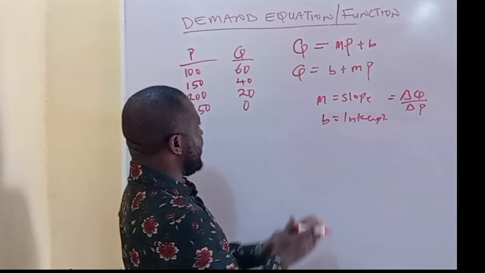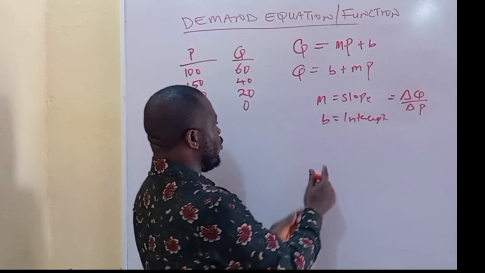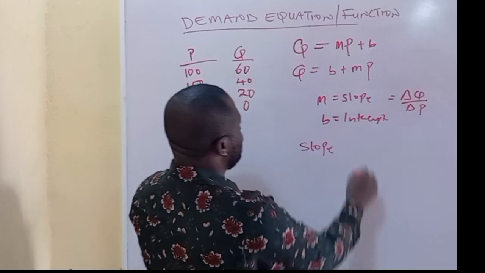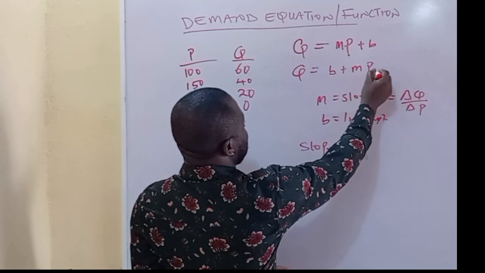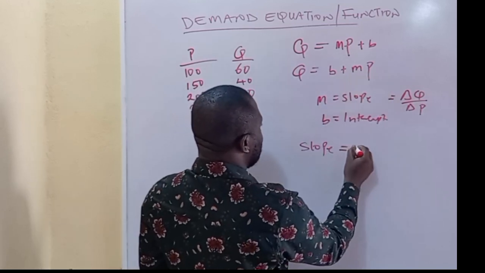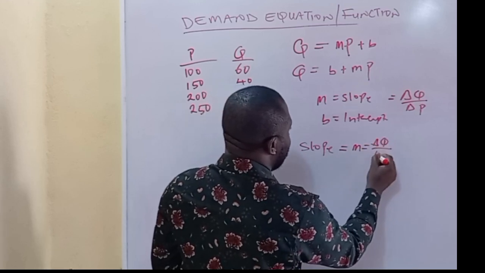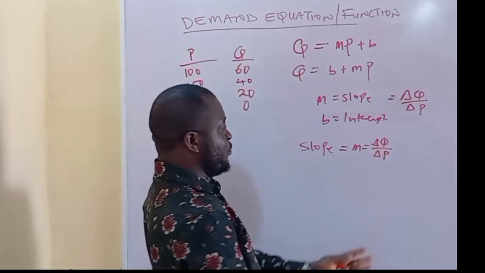Having stated the equation form of a demand function, we are now going to derive the slope of the equation. Like I said earlier, the slope of the equation represented by M shows us the change in Q as a result of change in P. So slope is going to be represented by change in Q all over change in P. How are we going to have our change in Q?